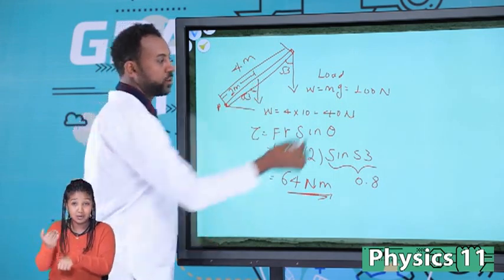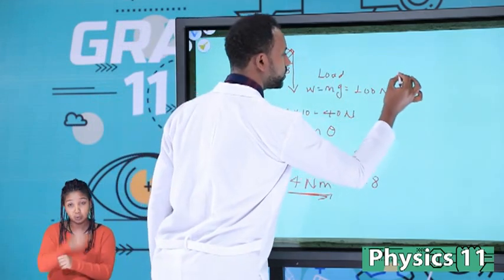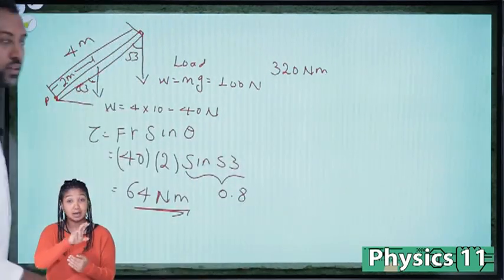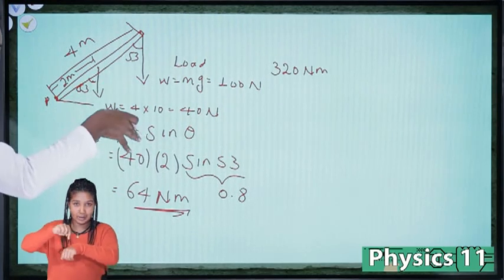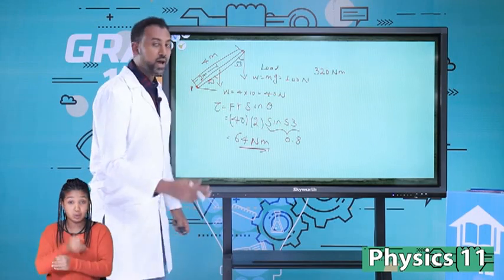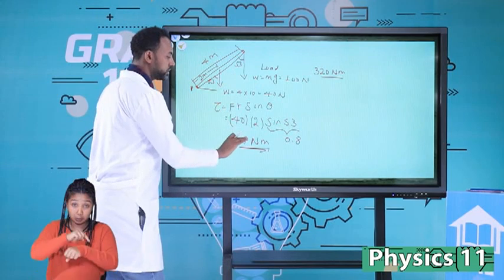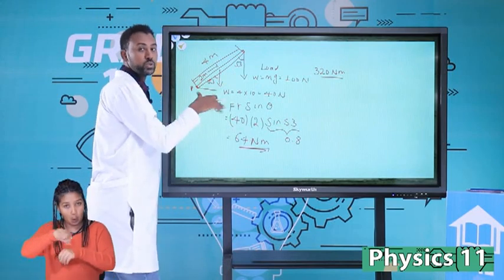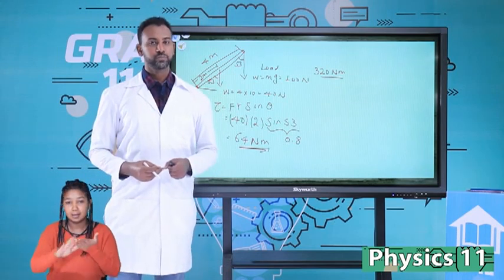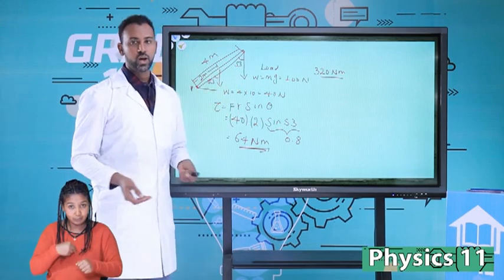Previously we also found the moment of force, or the torque, due to the load to be 320 Newton meter. I hope you remember this. 320 Newton meter clockwise. So the net torque should be added, because 320 Newton meter acts clockwise and 64 Newton meter also acts clockwise. Both are acting clockwise, so we can add and find the net moment of force. But if there is a counterclockwise torque, we have to subtract one from the other.